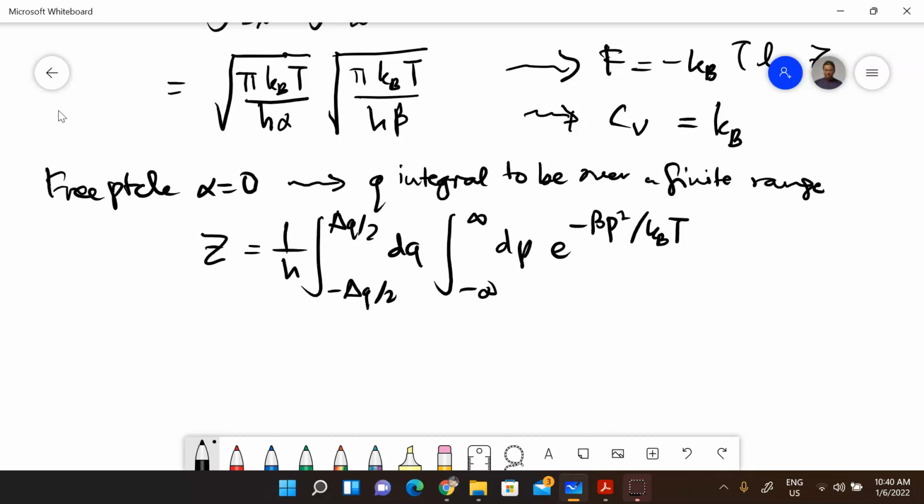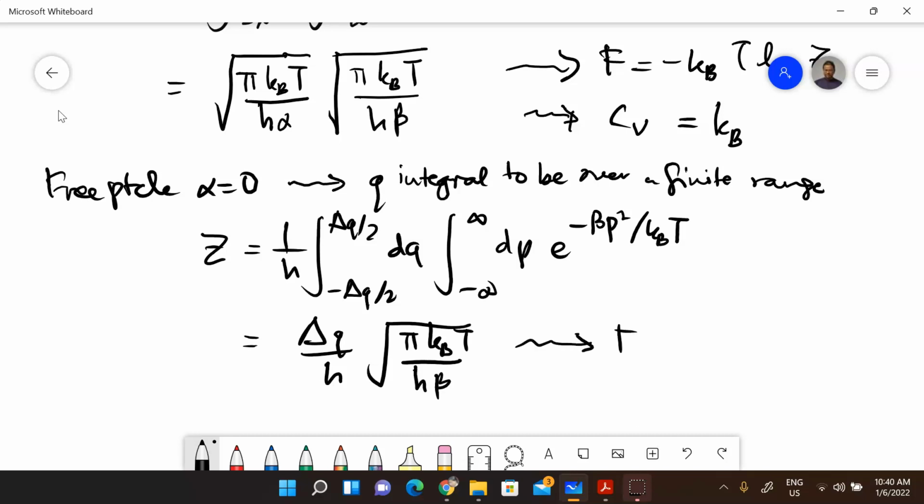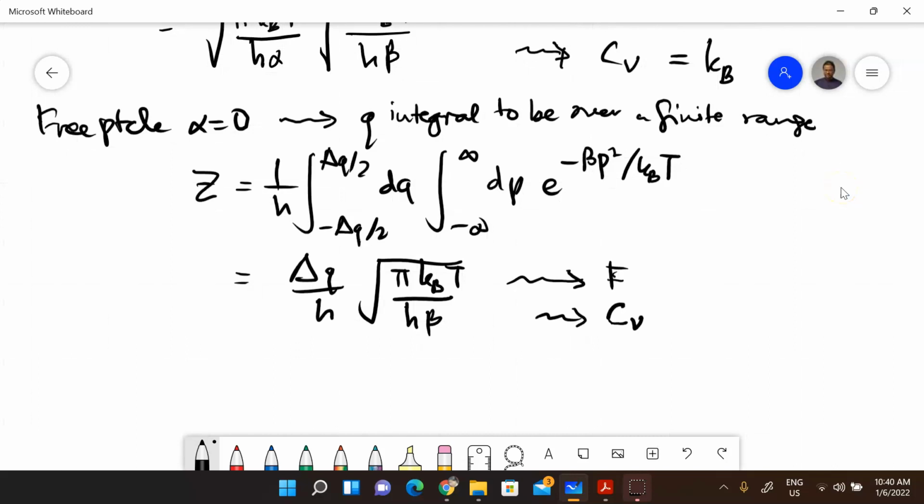And this you can evaluate to be delta q on h. And then you have that same square root thing given by that. Again, calculate your f. From your f, calculate your heat capacity. Why is it not appearing? So maybe I'll push this thing up. Then over here, instead of getting kB, you have half kB.